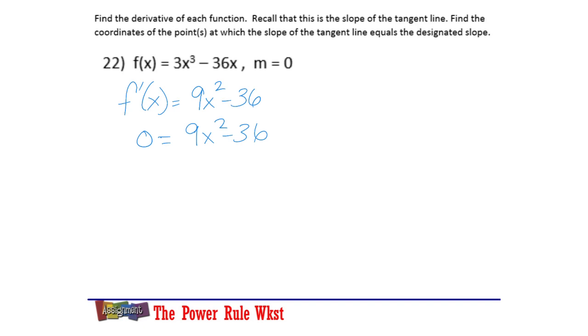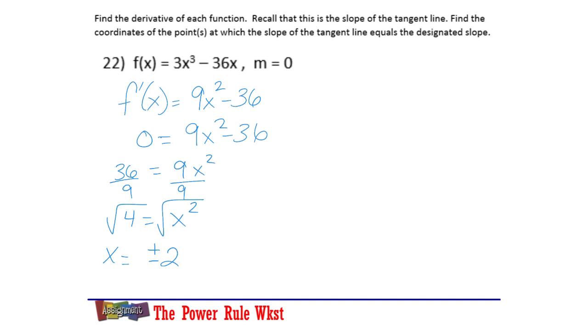Now, there's a couple ways: if you want to factor this, or maybe you want to add the 36 over here, and you can do square roots. Either way works. But if you choose to do square roots, don't forget that when you square root both sides, what do we got to put there? A plus or minus 2.